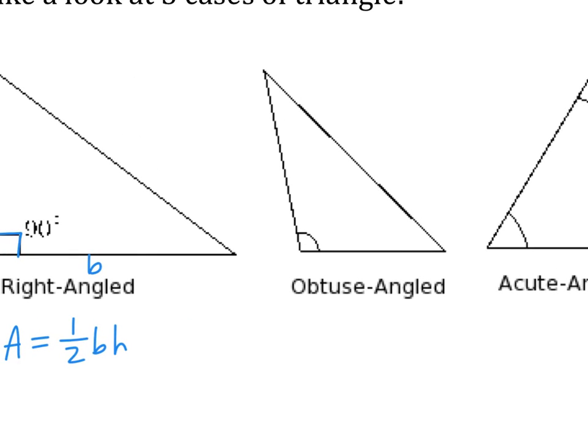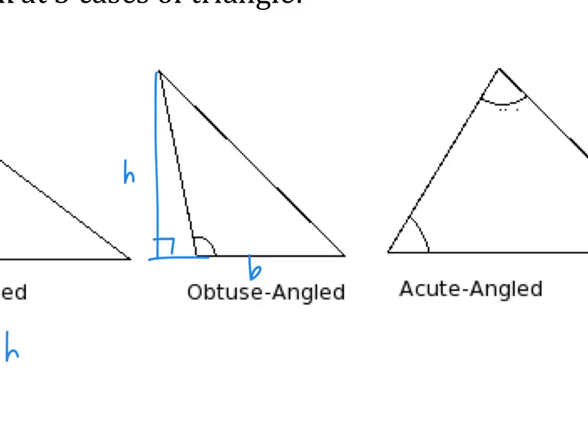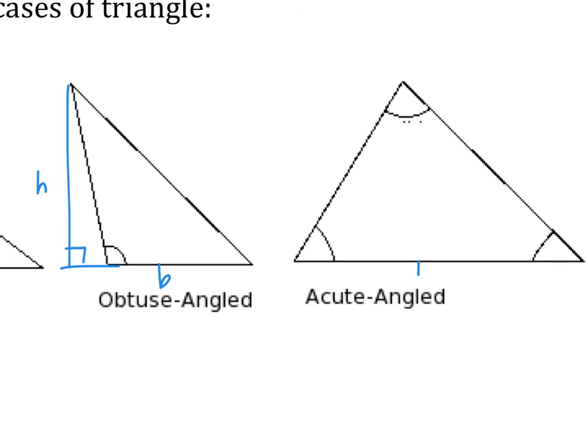If you have an obtuse angle like this, let's say this is B, then to figure out the area, you will have to draw a right angle like that in order to figure out H, so you can use the formula. So basically, if you don't have a right angle, you have to force a right angle to find the altitude. Same thing here. If you have an acute angle, and let's say this is B, if you want to find the area, you have to find this line, which is the altitude.